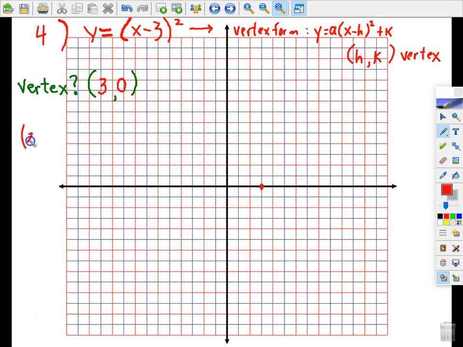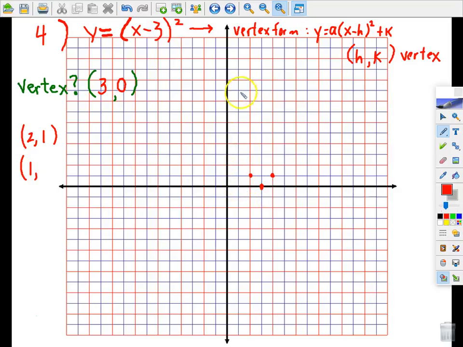What do we get as an output if we input 2? Well, 2 minus 3 is negative 1, and negative 1 squared is positive 1. Because of symmetry, that makes it nice to just easily plot another point on the other side of our line of symmetry. All right, and let's just keep building from there.